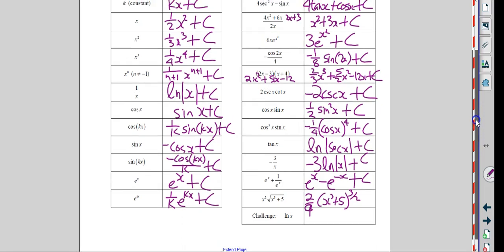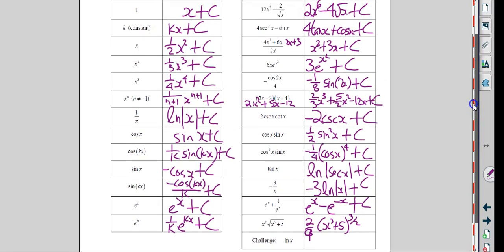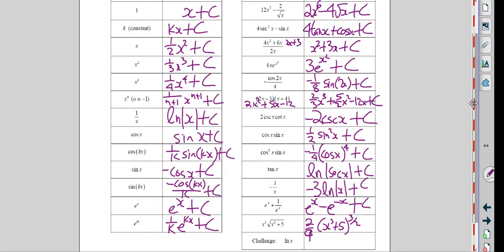I'll leave this up for a bit, so you can look at it, or at least have time to pause and look at it, because I'm not going to leave it up there forever. But pause, take a look at it. All you've got to do is take the derivative of everything that's there to see if it is in fact the antiderivative. Okay, and then we'll move on.